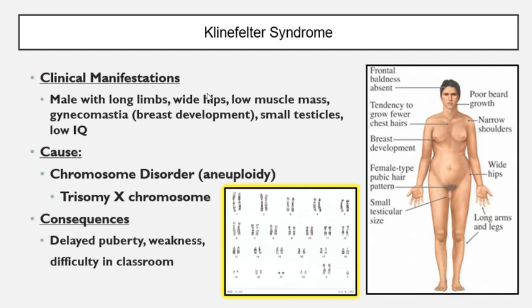This is again a chromosome disorder with a trisomy, so all these people are going to have XXY sex chromosomes. And they also have delayed puberty, weakness, and difficulty in the classroom because of the lower IQ. So yeah, it's got to be hard if you have this syndrome, both socially and developmentally.